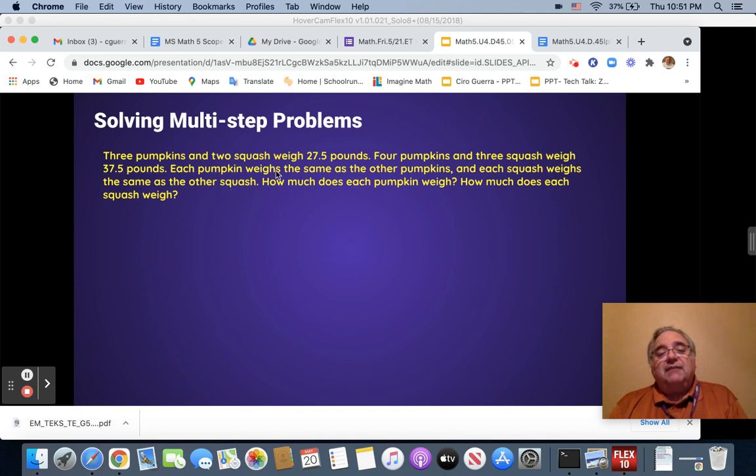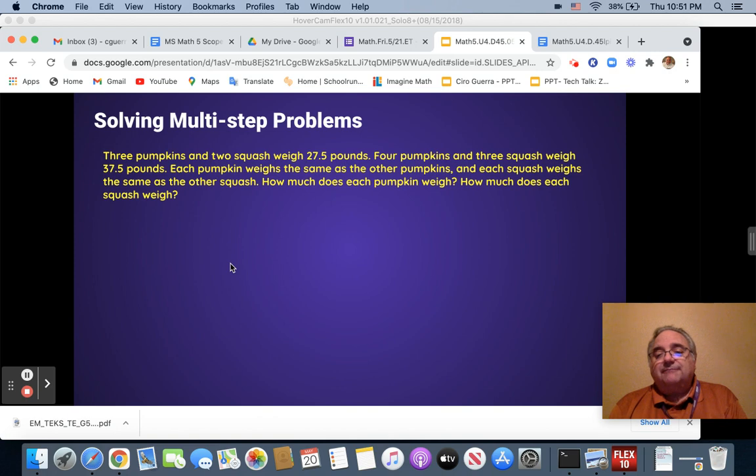So my questions are, so far I've written down what I know: the pumpkins weigh the same, and so do the squashes. Now I just need to find out what each pumpkin weighs and what each squash weighs.